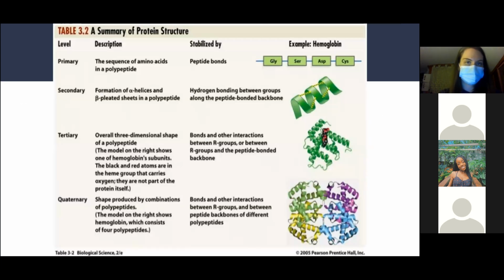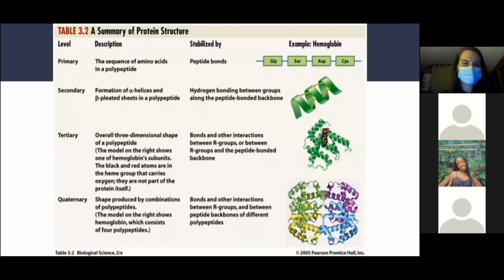It's good to hear. And then here we have another summary of protein structure. I'll just go through this quickly. You have your primary level, and that's just the sequence of amino acids. So here we have an example of serine, aspartame, cysteine, and they're stabilized by the peptide bonds between them.